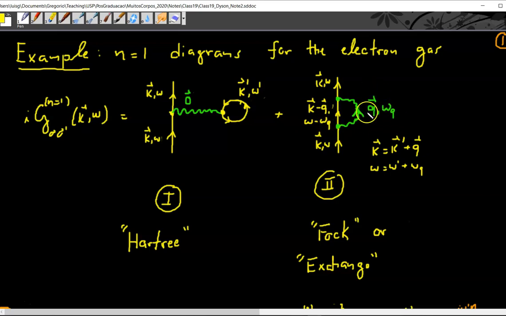While in the interacting line, this is the momentum and the frequency, and of course has to finish with K omega. All right, so let's now write the expression for this diagram. For instance, let's start with the Hartree one.